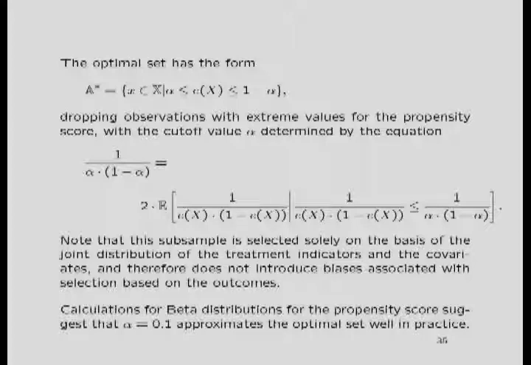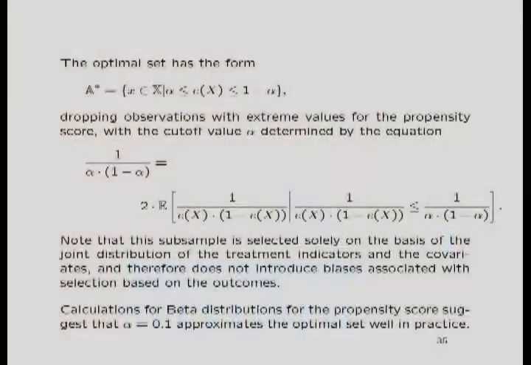Now, actually, you can take this a little further. You can figure out what the optimal value is for alpha for optimizing the precision. That depends on what the marginal distribution is of the propensity score. But in practice, that's actually not all that important.